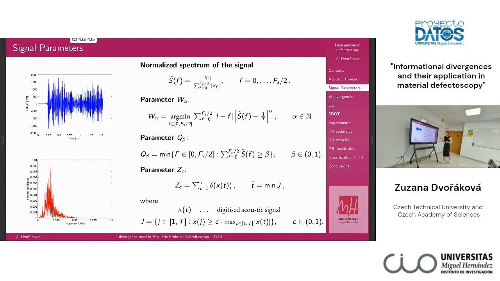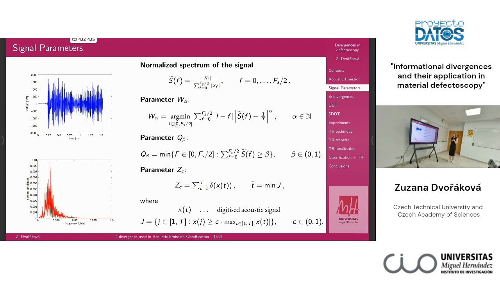We normalize it to 1, so that the sum of the spectrum is 1, in order to obtain something like a spectral density of the signals. Then we calculate some parameters from the spectrum and signals. It's not so important to go into details of these parameters. It's just an example of what we do.